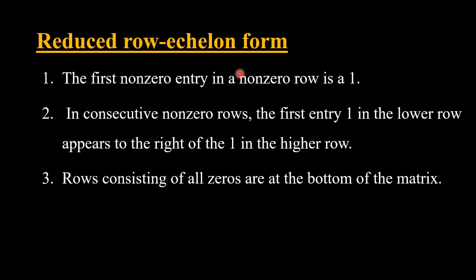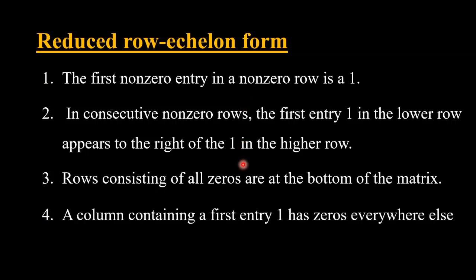These three conditions are for row echelon form, plus the additional fourth condition: a column containing a first entry 1 has zeros everywhere else. This is the reduced row echelon form, which we already discussed earlier. So our new method is based on this form.